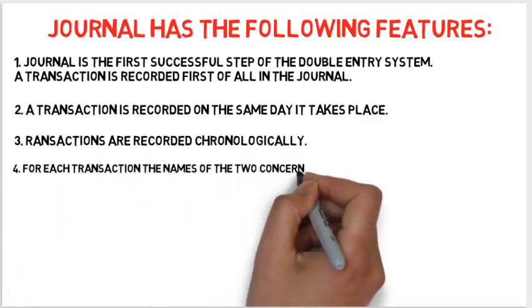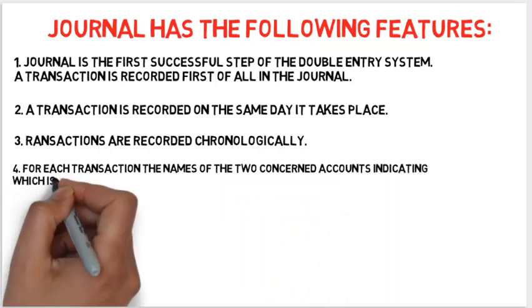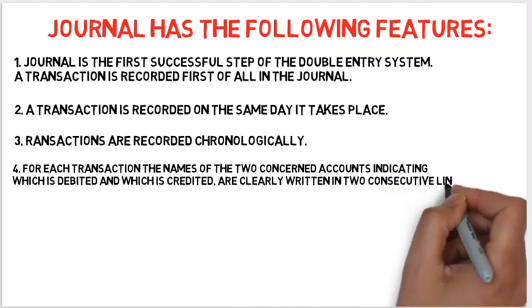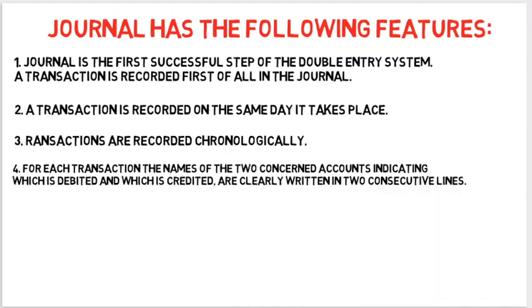Fourth, for each transaction, the names of the two concerned accounts indicating which is debited and which is credited are clearly written into consecutive lines. This makes ledger posting easy.